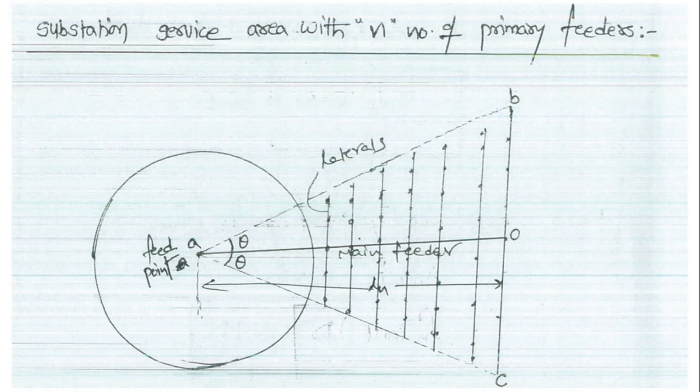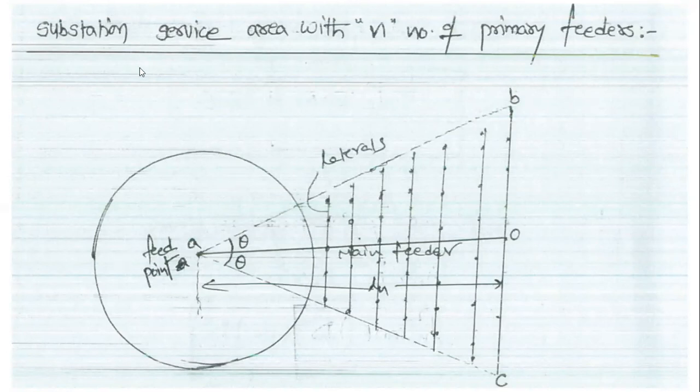In that, for the n number of feeders service area, we consider the circular shape. This is the total n number of primary feeders served by the distribution substation.